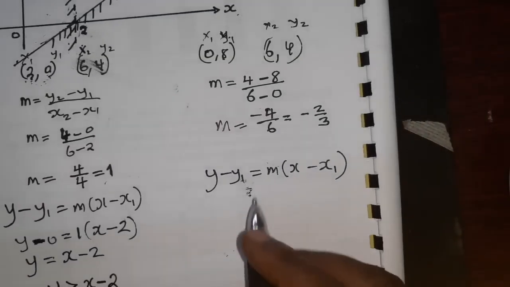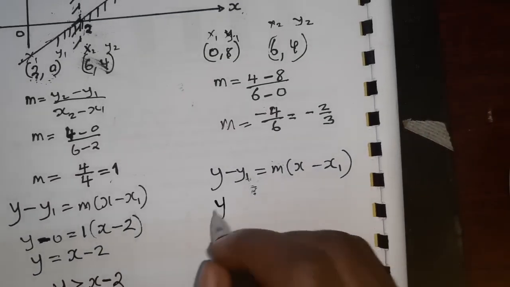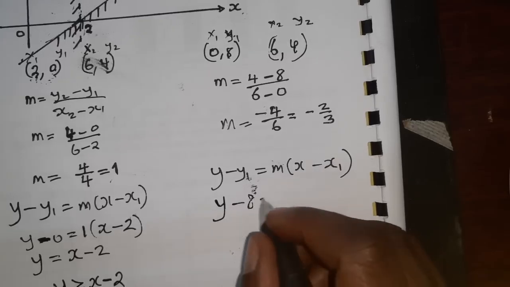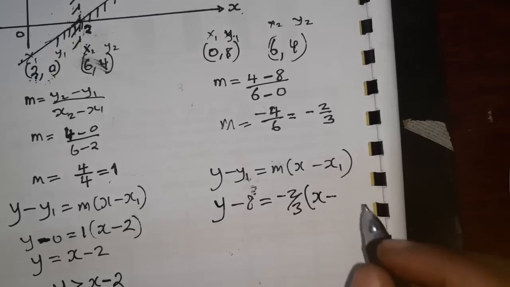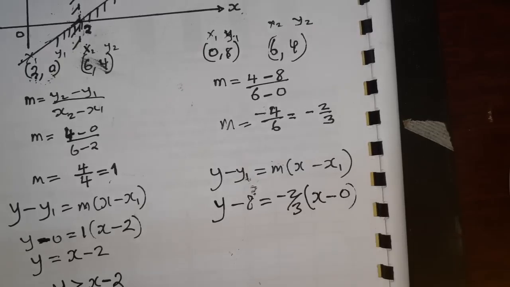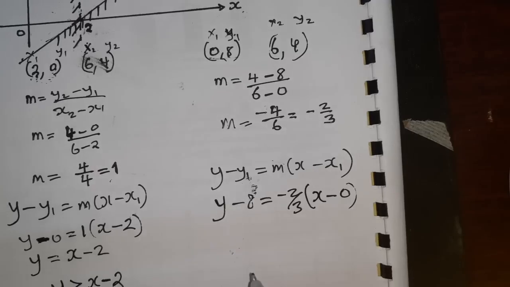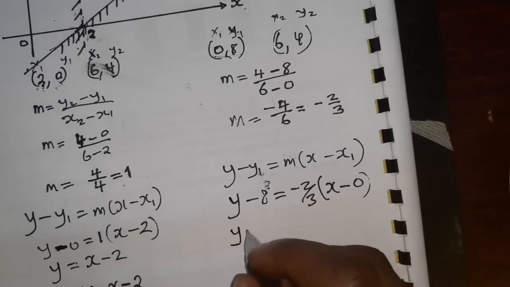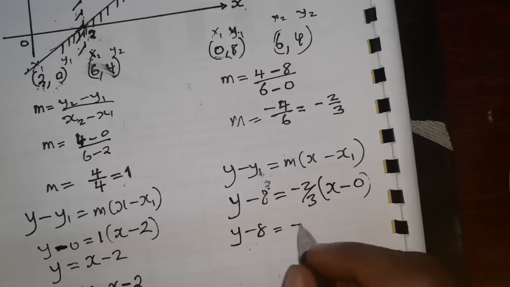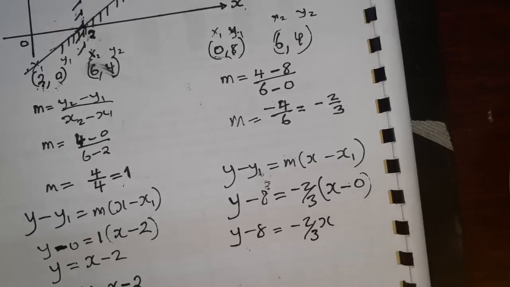And this side, what do you need to do on this side? You also say y minus 8 is equal to negative 2 over 3 times (x minus 0). Okay? We're using these coordinates here. So we're going to have y minus 8 is equal to negative 2 over 3 x, because this will be 0, isn't it? That part is going to give us 0.